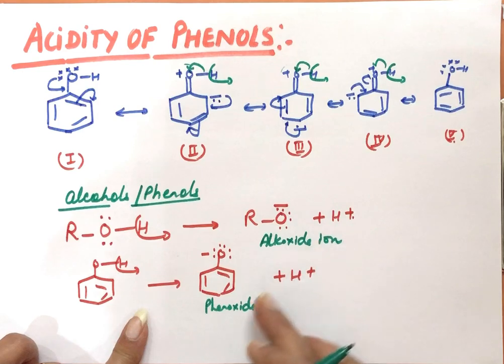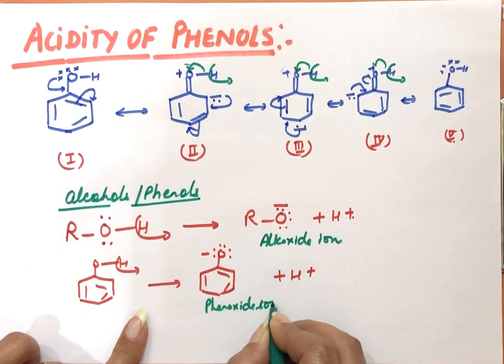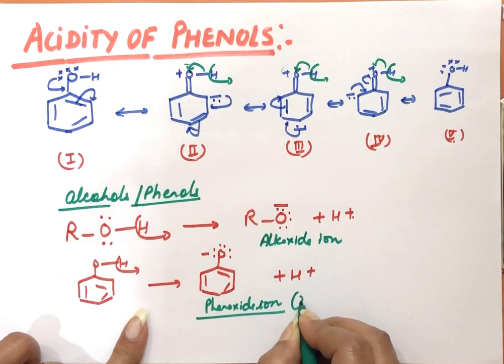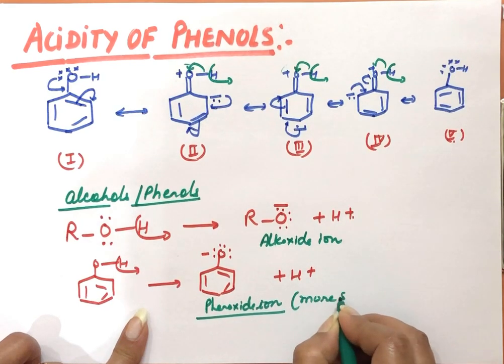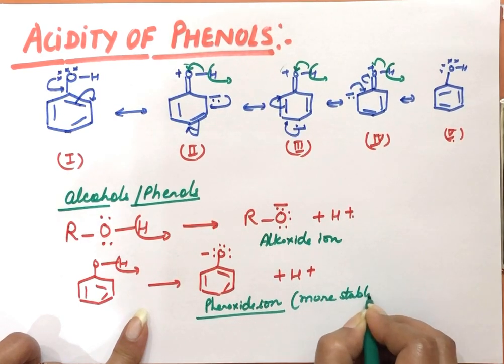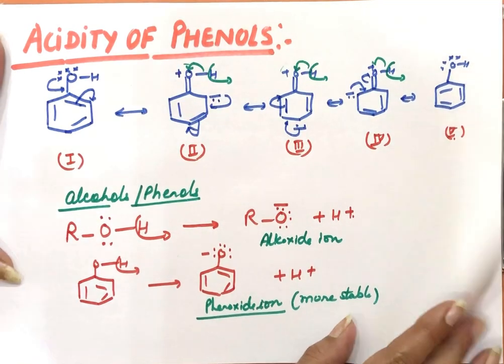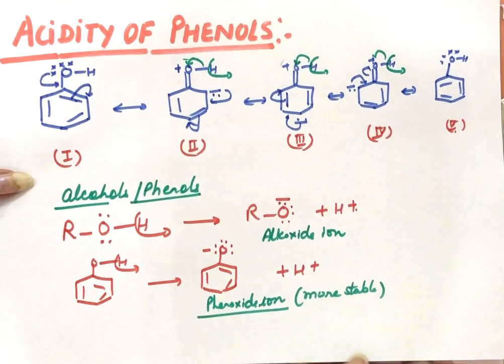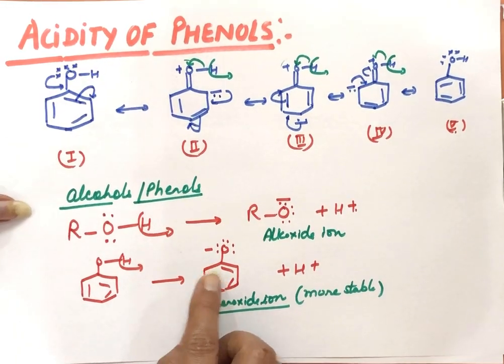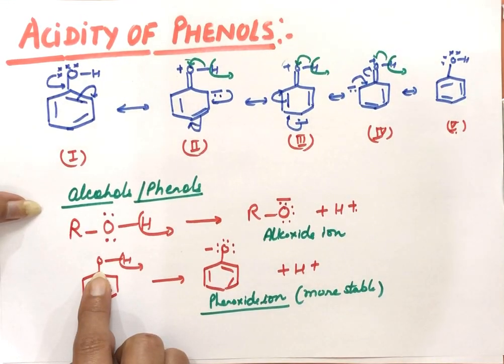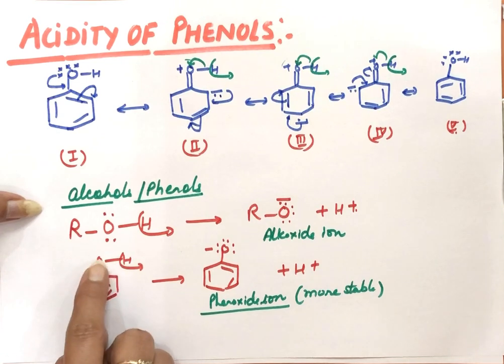Now in which case is the release of H plus easier? In the case of the phenoxide ion, the release of H plus is easier. How can we say that? In this case, it is due to the high electronegativity of the sp2 hybridized carbon of phenol, to which this OH group is linked.